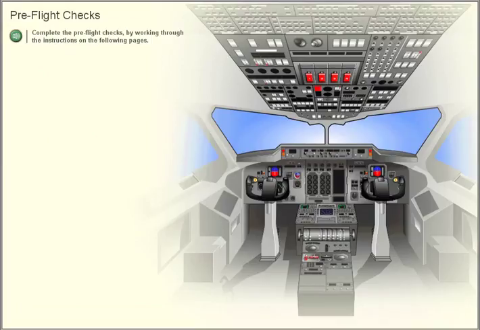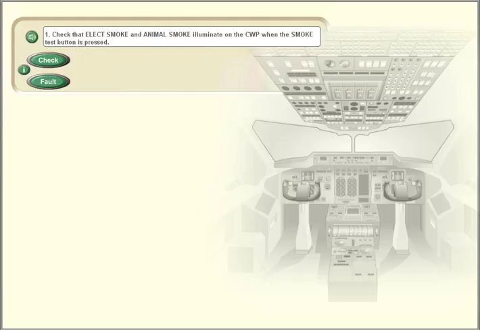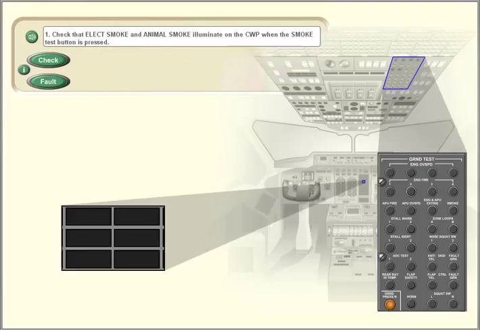Pre-flight checks. Complete the pre-flight checks by working through the instructions on the following pages. Check that electrical smoke and animal smoke illuminate on the central warning panel when the Smoke test button is pressed.